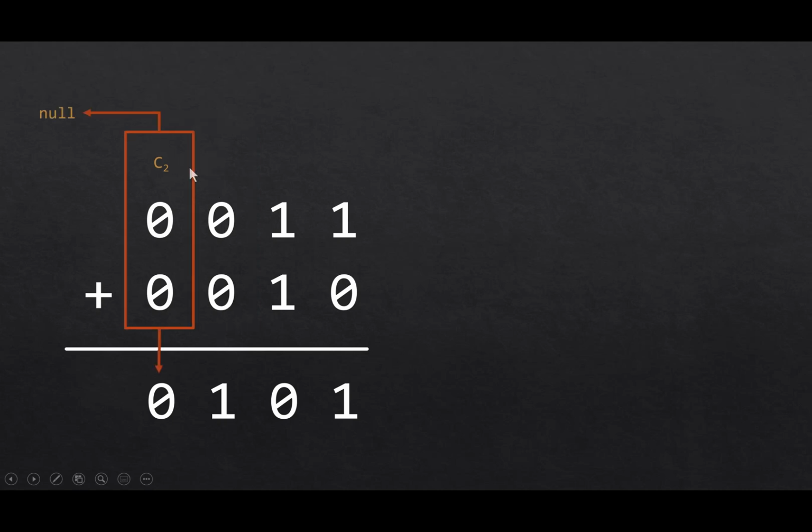So then when we go to the next column, we again have a full adder. Carry now is 0, so 0 plus 0 plus 0 gives us 0. And when we add the last column, we don't use the carry, so we just don't wire up the carry output to anything.